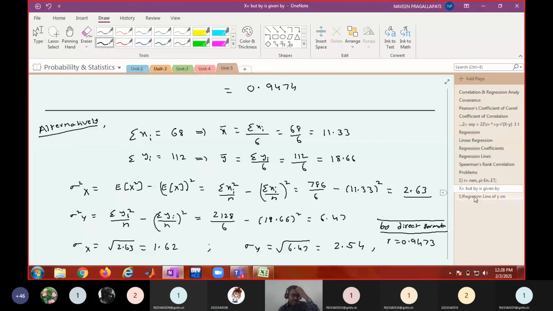So when you simplify, can you tell me the simplification once?